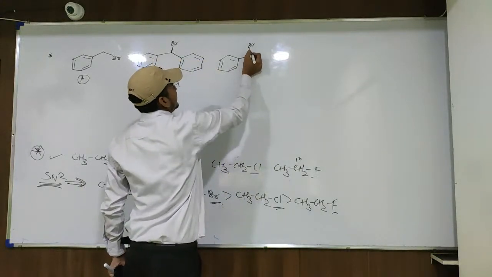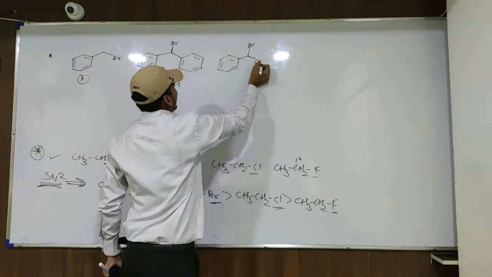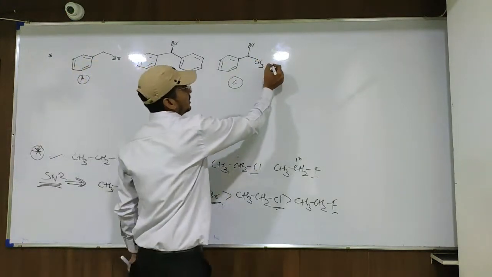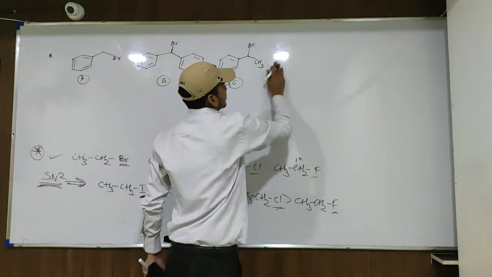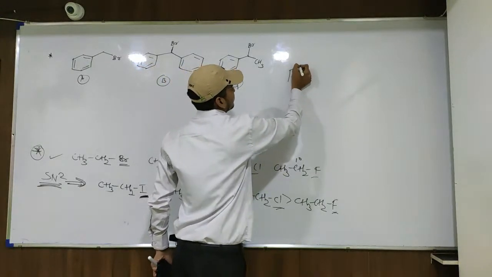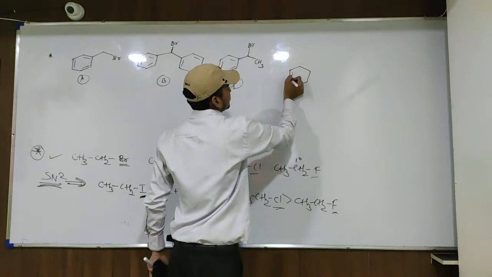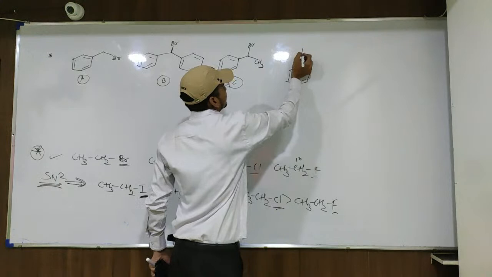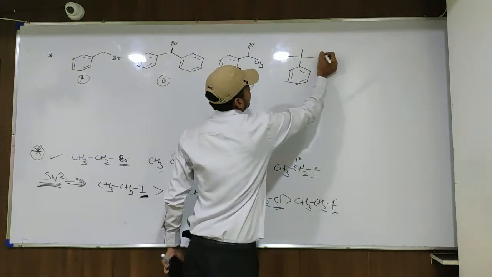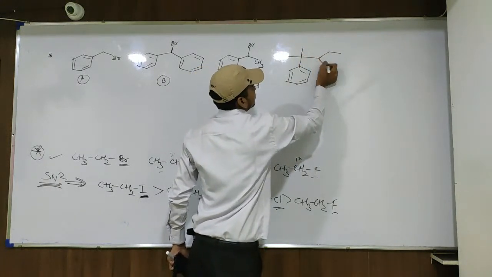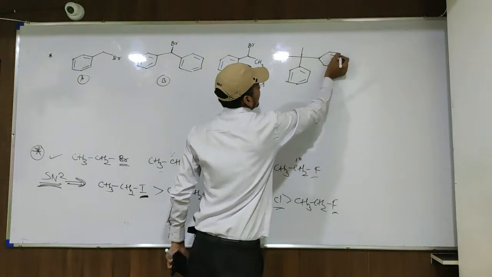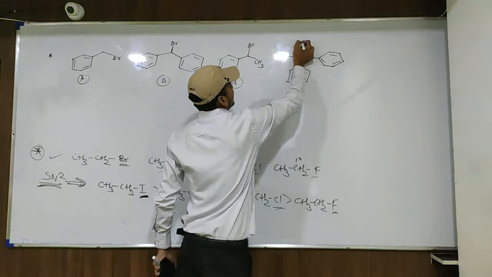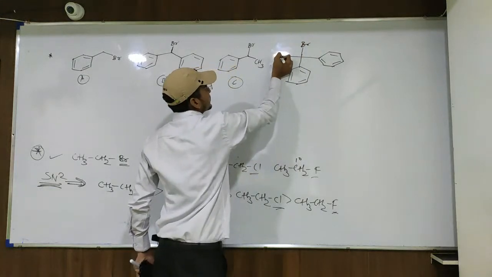That is the Br, and here CH3. And what is the last? So this is the C molecule. And what about the D molecule? So D molecule is like that. Here Br and here CH3.